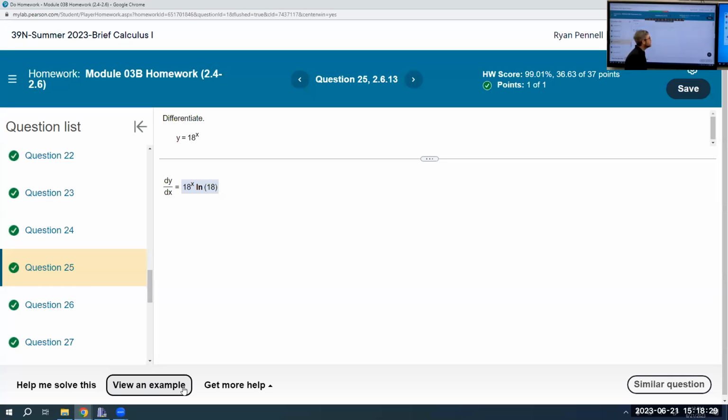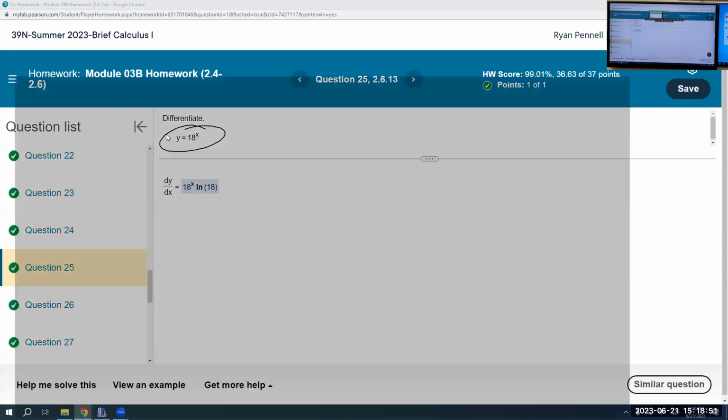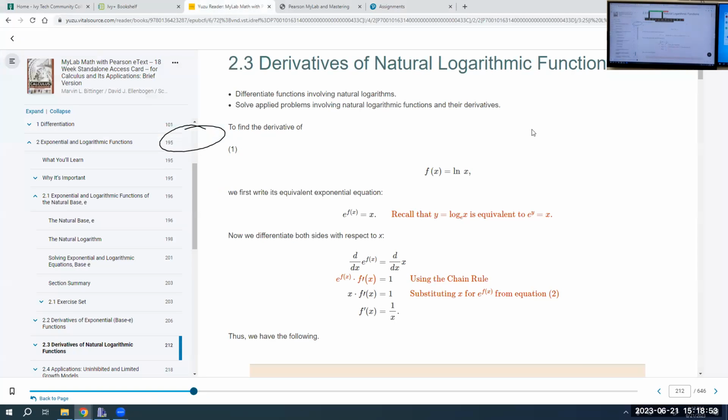All right. What on earth is going on here? So we have y equals 18 to the x with my numbers. What does that mean? Well, we've had e to the x, right? We had e to the x. What does this mean? I can pull up the book.